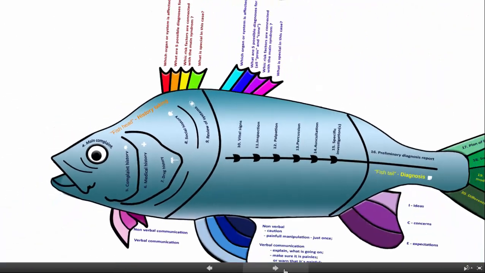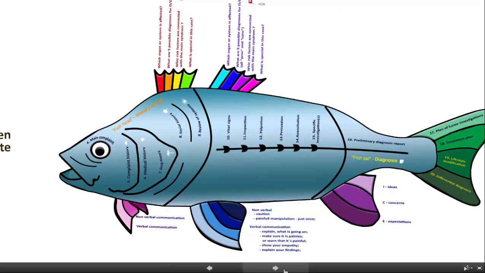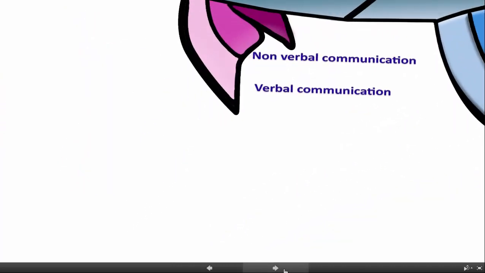So, it seems that we are done with history taking, but we have two very important moments before finishing the history taking part, or the head of the fish. First, look at the lower fins. Lower fins usually symbolize our communication skills. Here, while history taking, we use two types of communication skills: nonverbal and verbal communication.